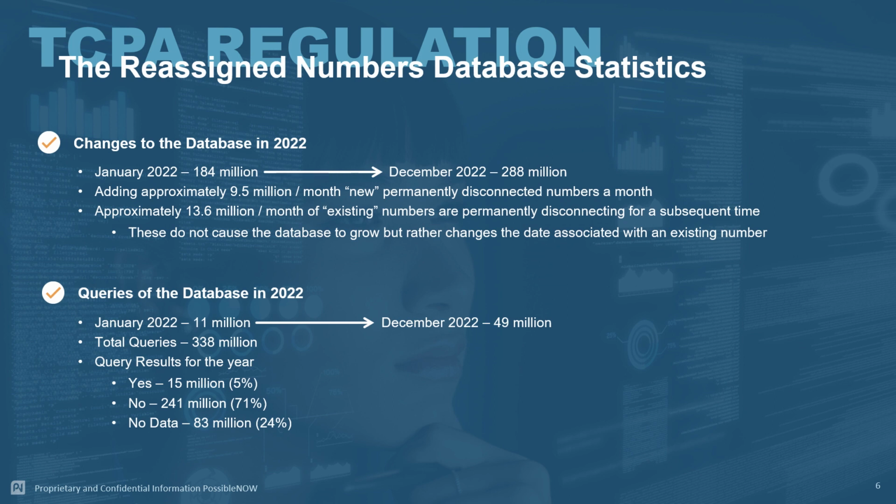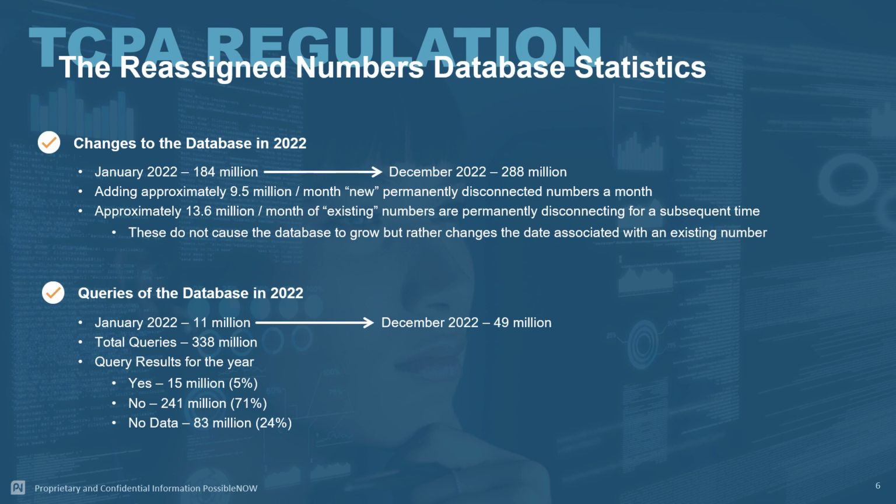And there are approximately 13 million existing numbers a month that are permanently disconnecting for a subsequent time, right? Those don't cause the database to grow, but rather the date changes on an existing number. So, if I permanently disconnected today, and then 6 months later, Danny ends up with the telephone number, and then he permanently disconnects, that date is going to get updated.